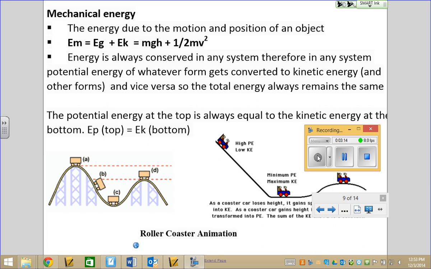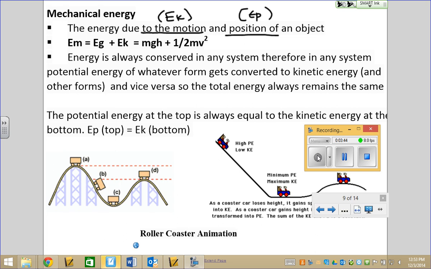So what we'll see is that mechanical energy isn't a new, different kind of energy. It's actually the energy that we've already talked about combined together. Mechanical energy is due to the motion, so we're talking about kinetic energy, and the position, so we're talking about potential energy of an object.